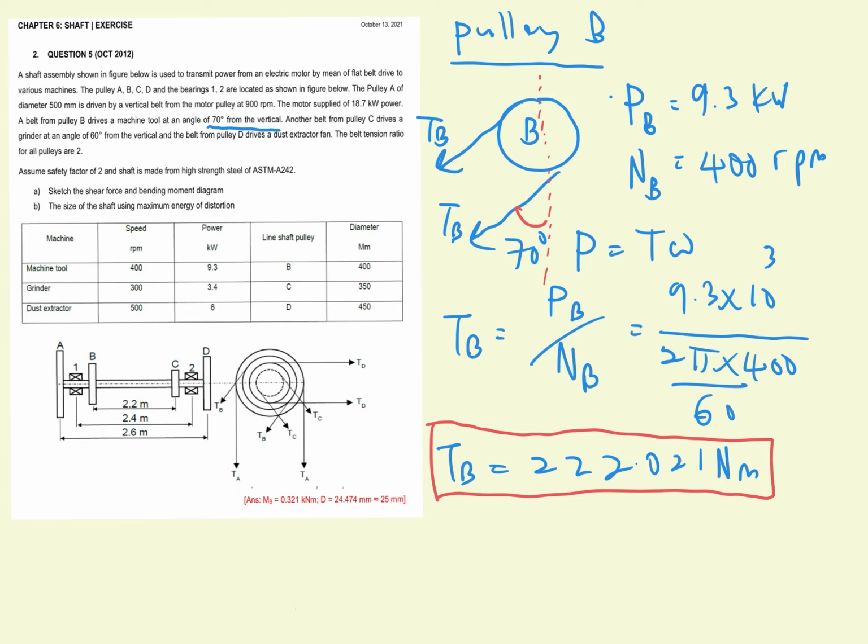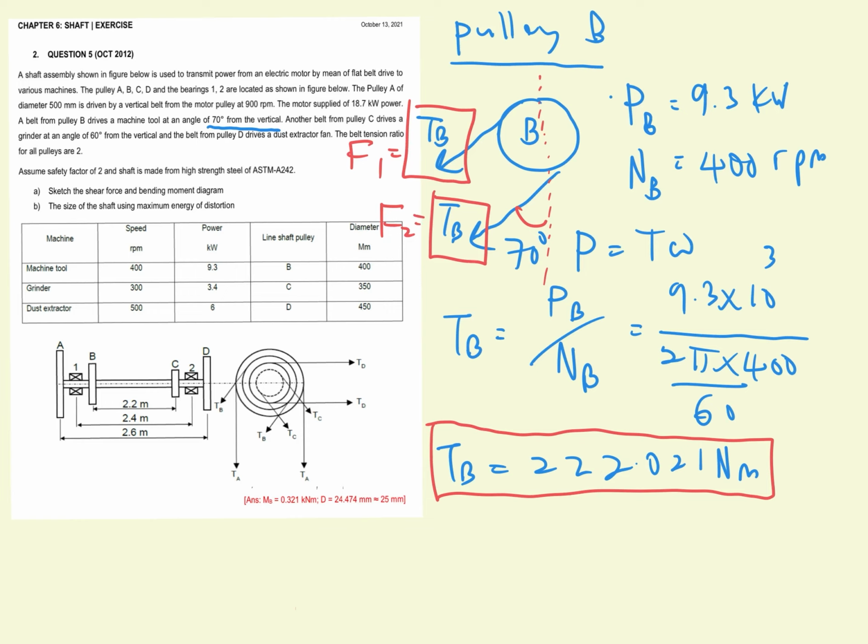Next, we will try to find the tension at pulley B here and this one. I will assume that this is F1 and this is F2. F1 is for the tight side and F2 is for the slack side. So I assume that F1 is equal to T_B here, and F2 is equal to T_B here.